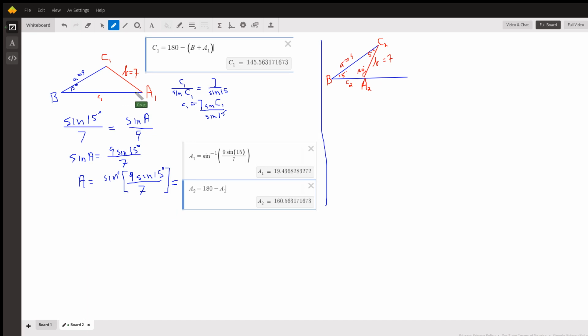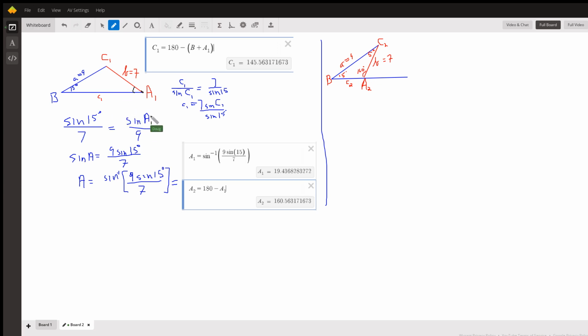Here's one of them, where we have b hitting out in here and this being an acute angle. And so using the law of sines, the sine of 15 is to 7, its opposite side, as the sine of angle A, and I'll call it A sub 1, is to its opposite side.